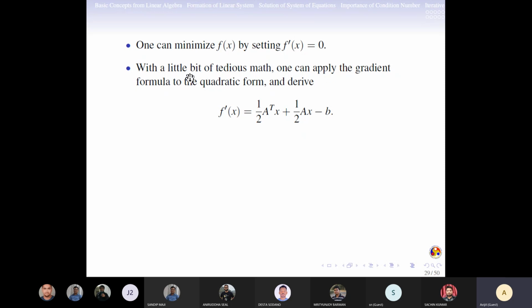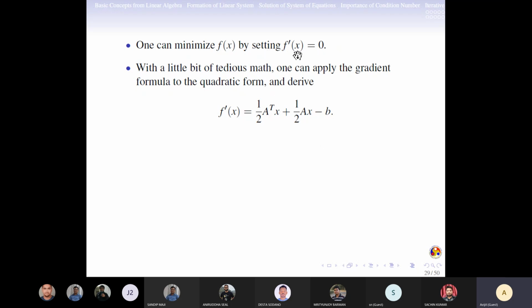Now, with a little bit of tedious math, you can compute the derivative of the quadratic function. That will give you half A transpose x plus half Ax minus b. This is the derivative of f. Now if A is symmetric, that means A transpose equals A, and that will give you Ax minus b, right?